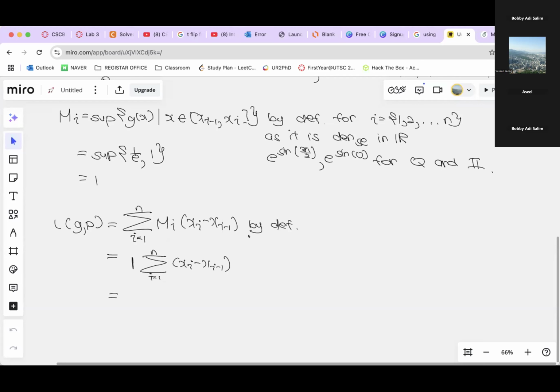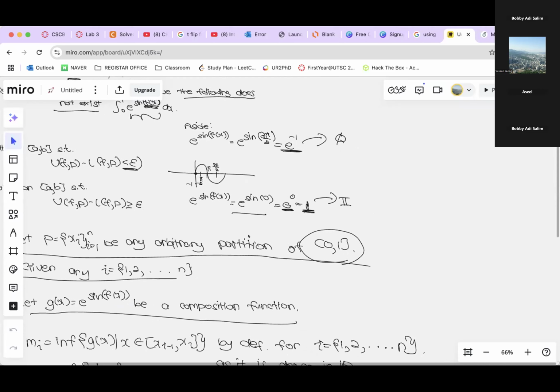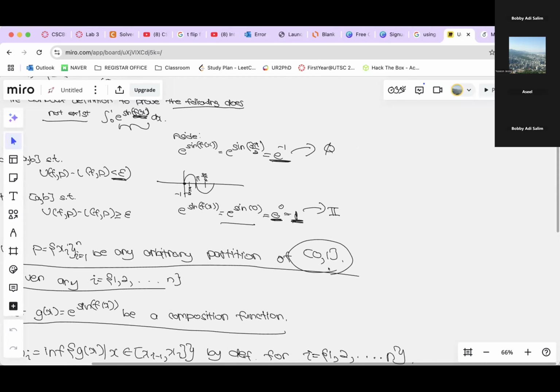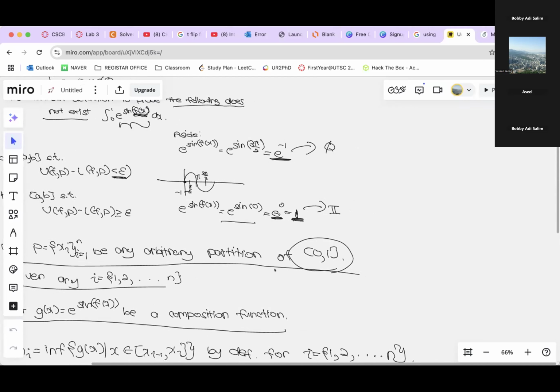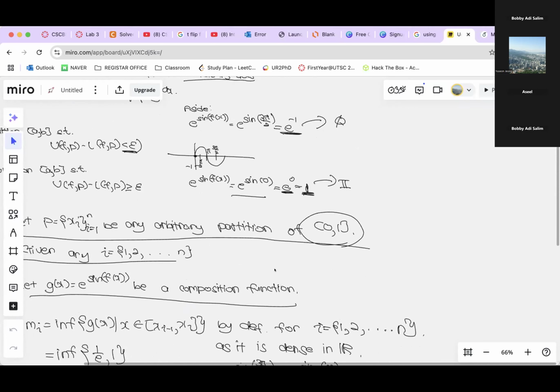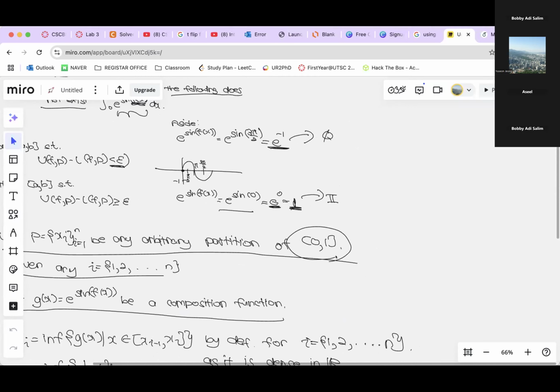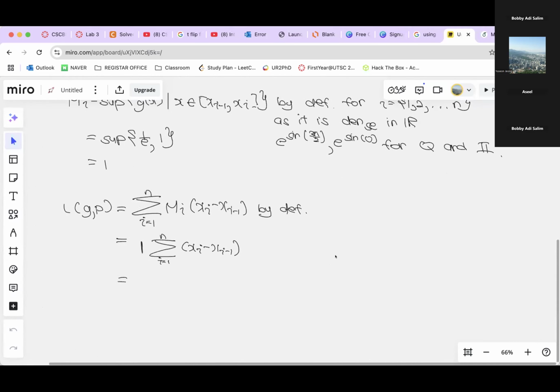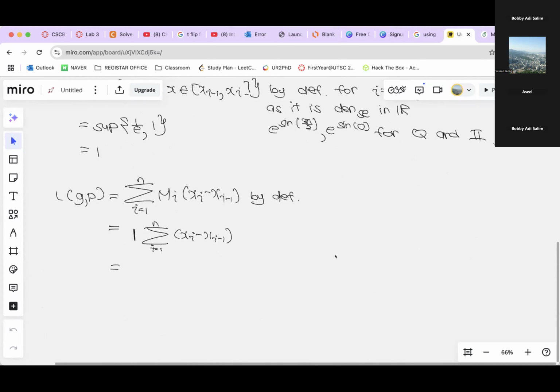So this one, we know that xi and xi minus 1, we can look back. What are they actually referring to? It's a partition of [0, 1], as you can see over here. Yeah, that's true. Okay, so we can look over here that it's a partition of [0, 1]. So we use that to calculate the rest.